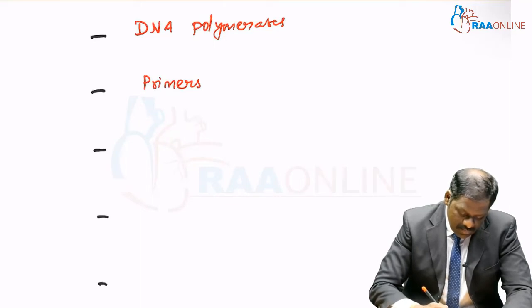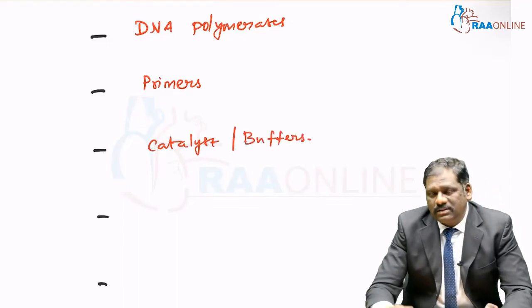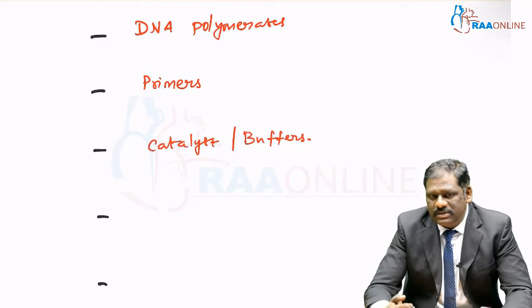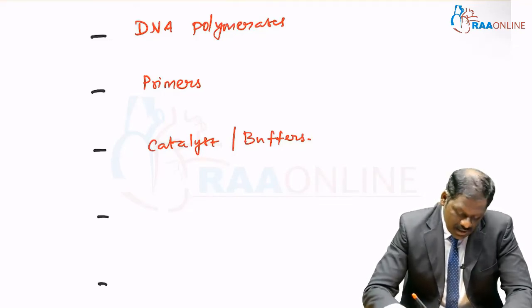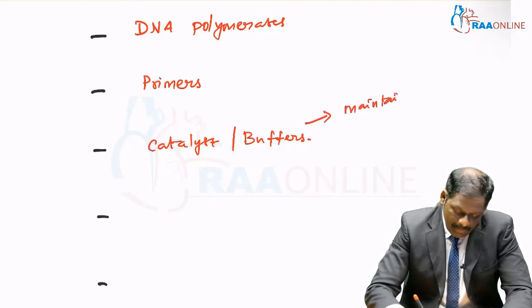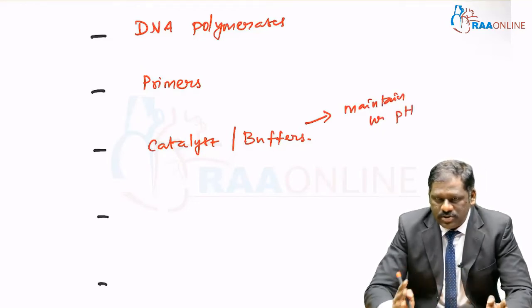What will be the third thing which is required? The third thing required is your buffer and catalyst. For what is this buffer required? This buffer is required to maintain your pH for the whole process to occur.